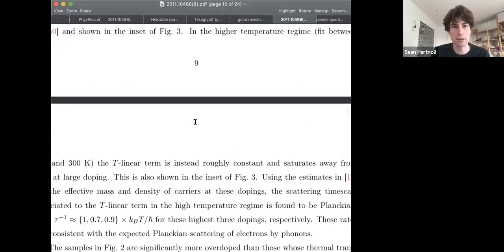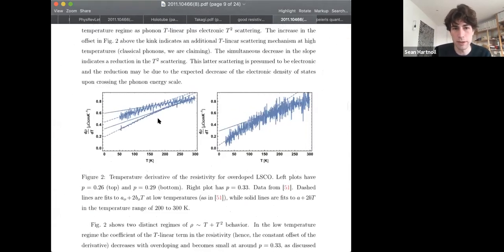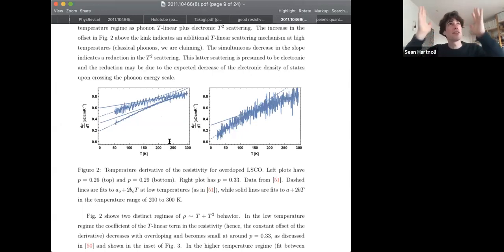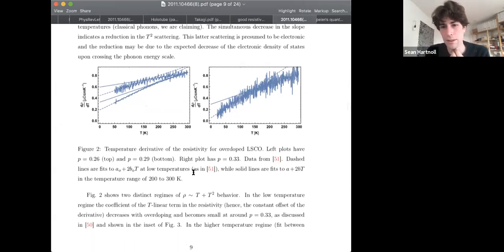But if you look here, which is the different dopings, so this is 0.26, 0.29, and 0.33, the scale is pretty similar. So it's not that there's some fan. It's more like that it's constant, and that it does this, and the fan is something different. I believe, but yeah.